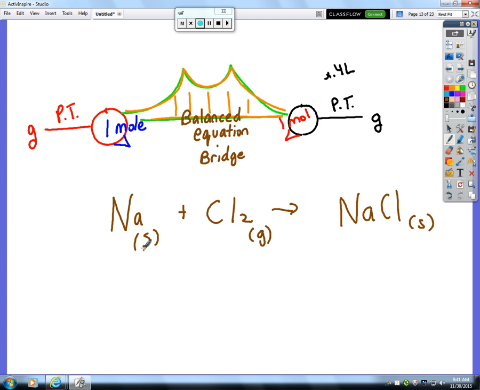I have 1 sodium on this side and 1 sodium on this side. That's cool. I have 2 chlorines on this side and only 1 over here. So I need to balance this by putting a 2 out front so my chlorines are fixed. But that also affects my sodiums, so I need to put a 2 out here. And now I have a balanced equation or a recipe.